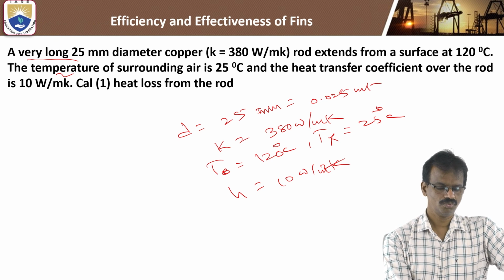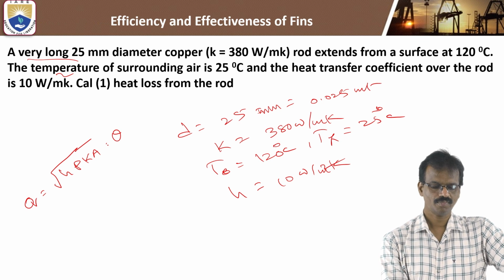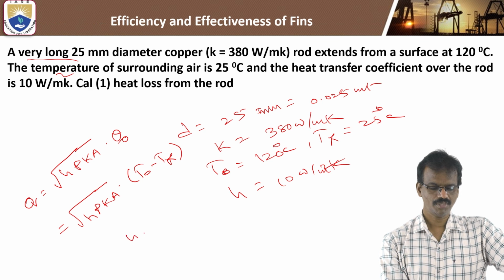We already have the formula: Q is equal to under root of h P K Ac into theta naught, where theta naught is T naught minus T infinity. h is given.